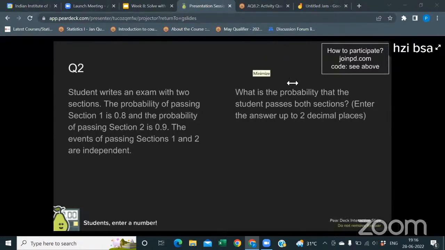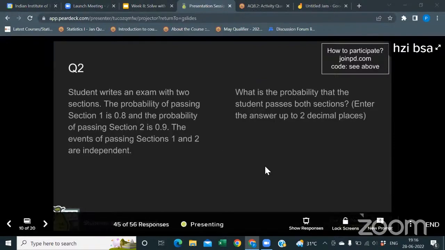Can we move ahead, please? Let's see the math session responses also.